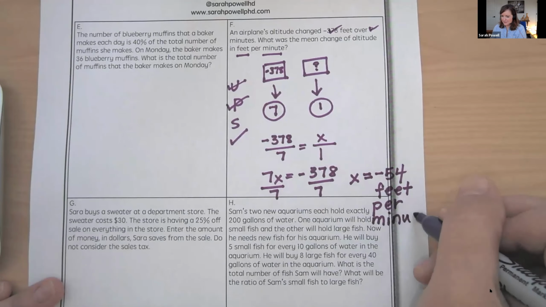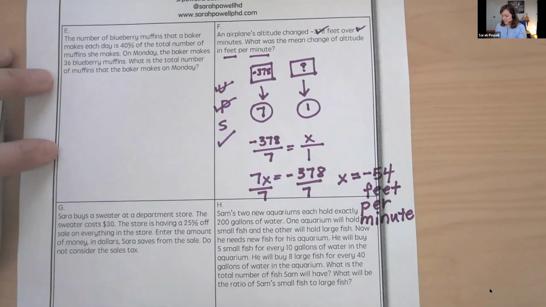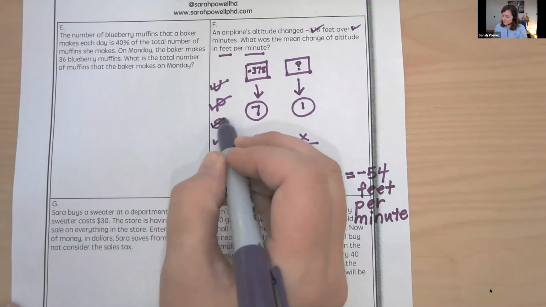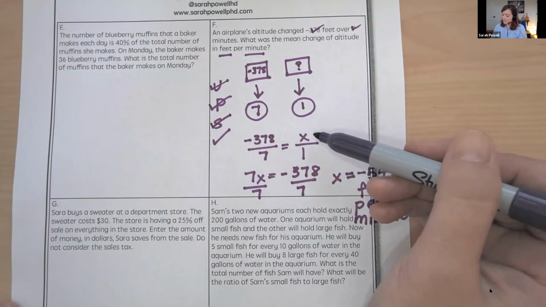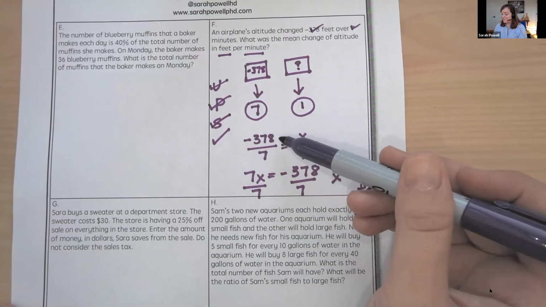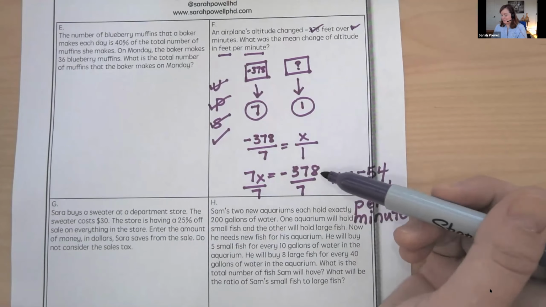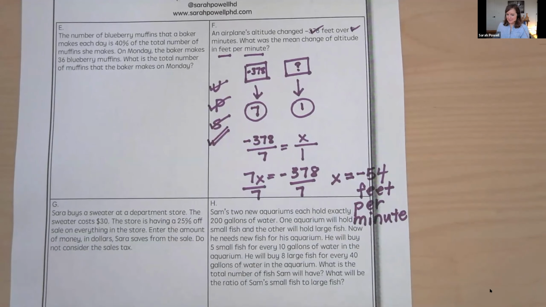My label is getting a little bit off my workspace, but that's okay. So that would be the mean change per minute. So we solved the problem, and then I want to go back and check my work. So I could place in the negative 54 and do the math to check that negative 378 is to 7 as negative 54 is to 1. And we've always checked our work to make sure that it makes sense.